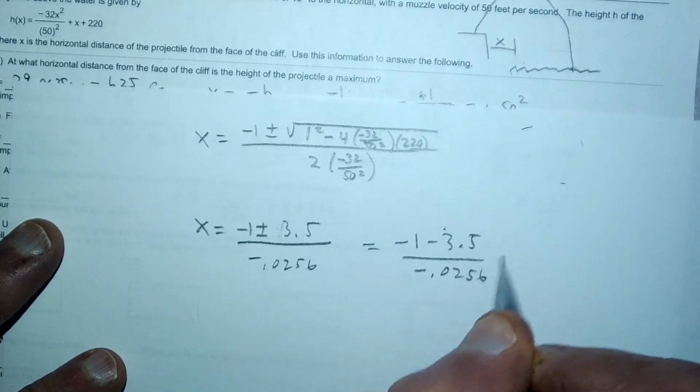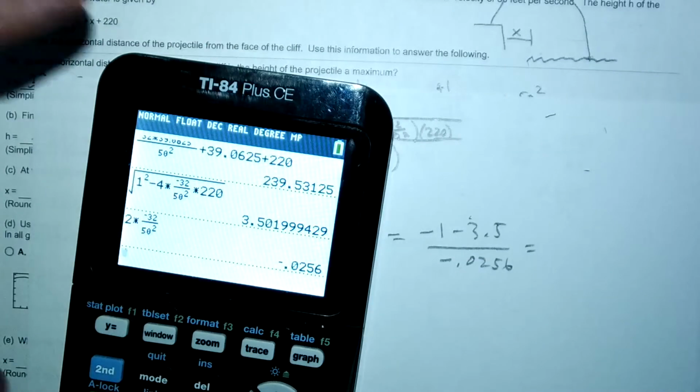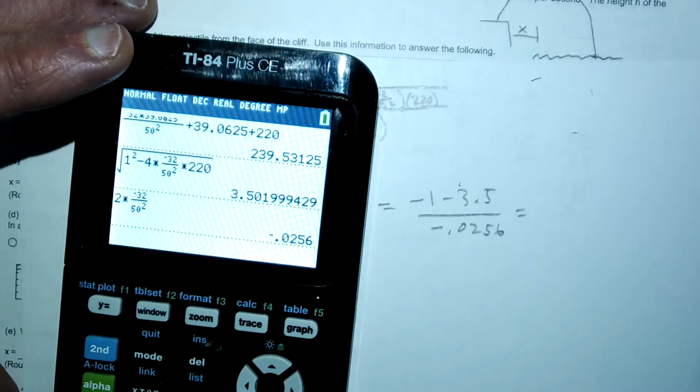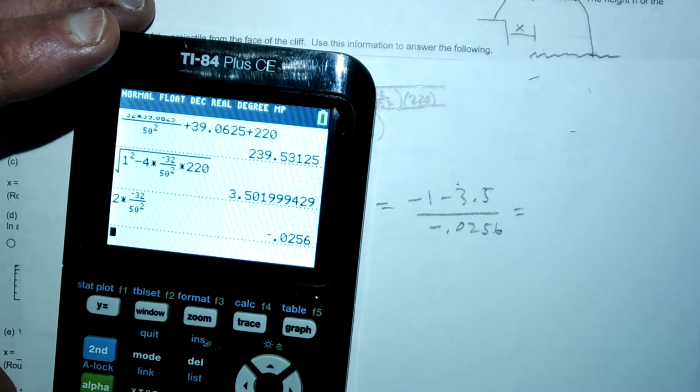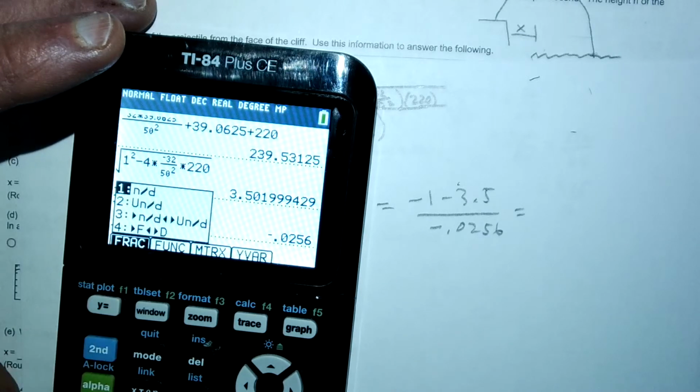So let's go ahead and put this in our calculator right here. Okay, so when we do that, and again, I think I'll use my fraction feature here.